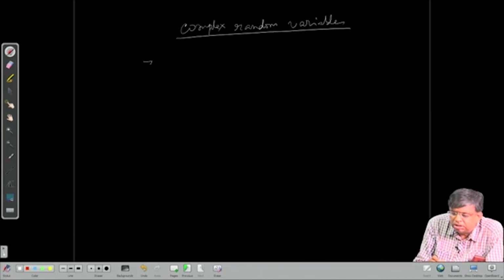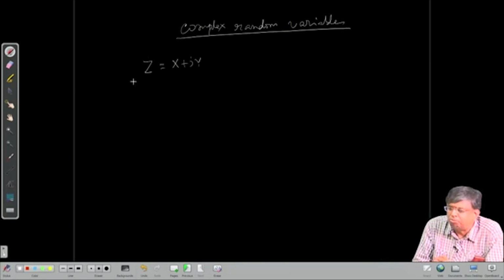Here, I will say Z is a complex random variable if there are two real, continuous random variables, capital X and Y. So, I conducted an experiment. I observed two real-valued, continuous-valued random variables, say capital X and Y, and I take their values and write in this form. The resulting variable I call a complex variable Z. Then obviously Z is also random, but it is complex. Then Z will be called a complex random variable.